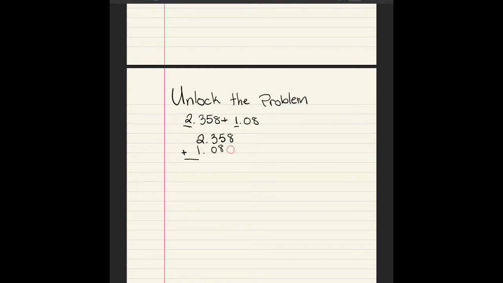All right, and now add this. 8 plus 0 is 8. 5 plus 8, well, is 13. And 3 plus 0 is 3, plus 1 is 4. Bring my decimal down. 2 plus 1 is 3.